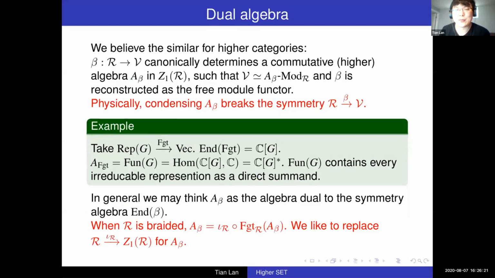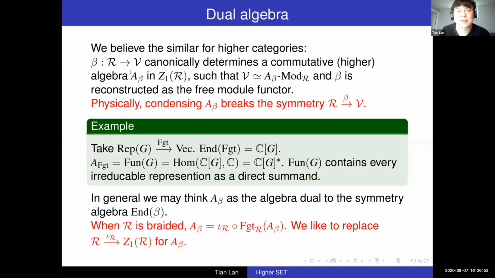And we want to generalize this idea to higher dimensions as well. Of course, this is just a conjecture. We hope that it is always true for higher categories. So our definition of higher symmetry is just this monoidal functor beta, and it should determine a commutative, possibly higher, algebra in some proper sense.